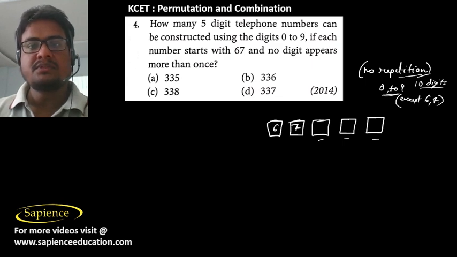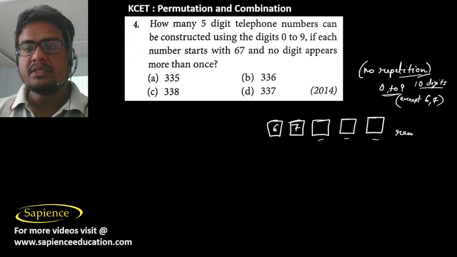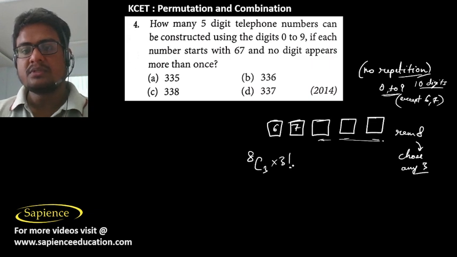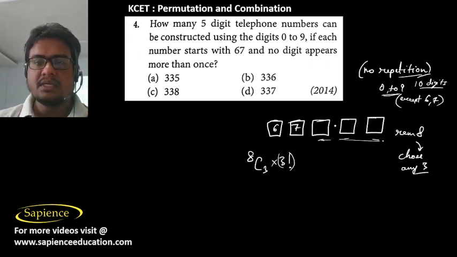Each number starts with 67, and a 5-digit telephone number should be there. So out of the remaining 8, we have to choose any 3, and then we have to rearrange these 3 also. So therefore the answer will be 8C3 into 3 factorial, since by 3 factorial we can arrange those 3 numbers also.